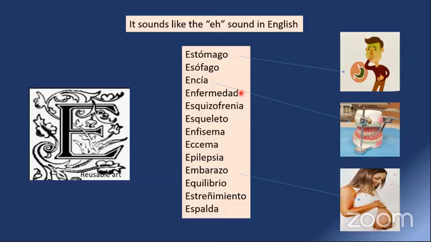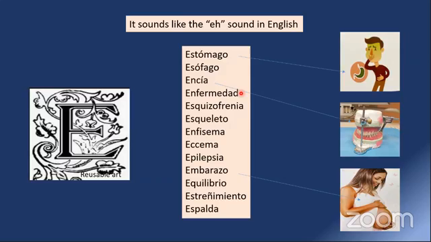Enfermedad. What's enfermedad? That's a very important word in Spanish for medical professionals. Enfermedad is sickness. And I have a couple of words from there, like enfermo is a sick person. Enfermera is a nurse, a lady that takes care of sick people.